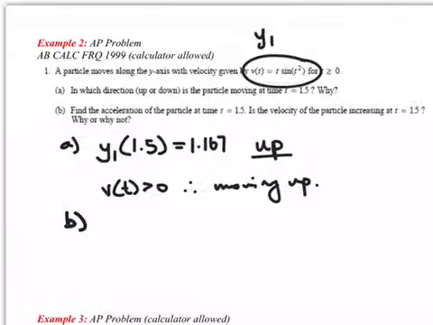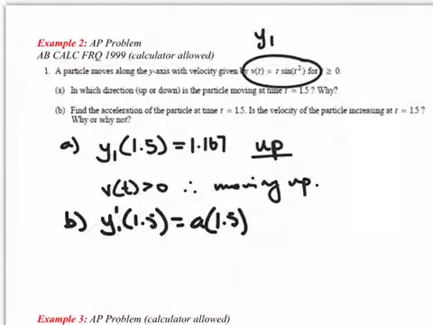Okay, so I get y1 prime at 1.5, which is equal to the acceleration at 1.5, to be negative 2.048.